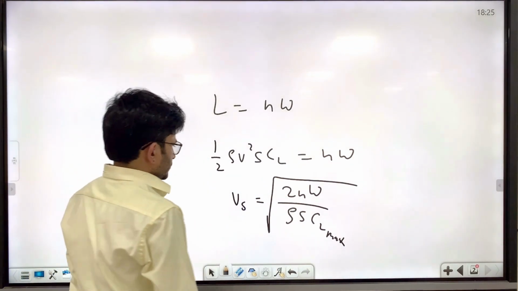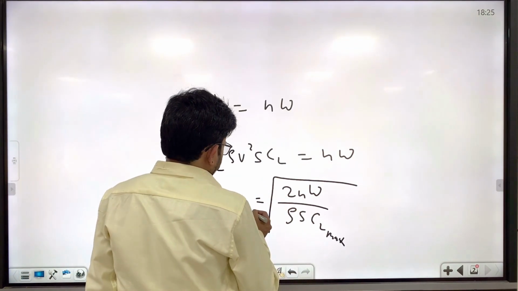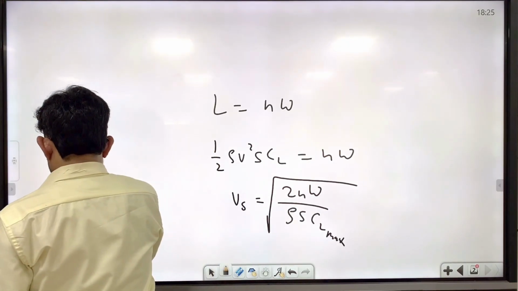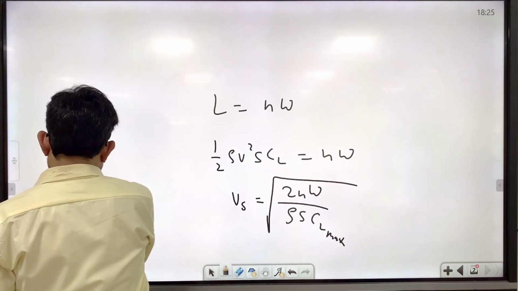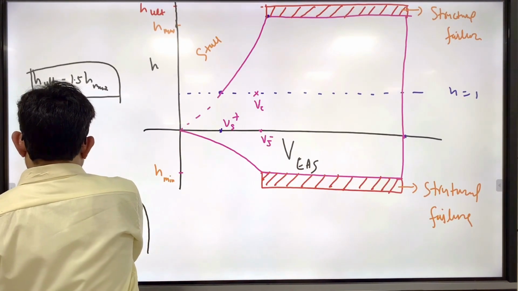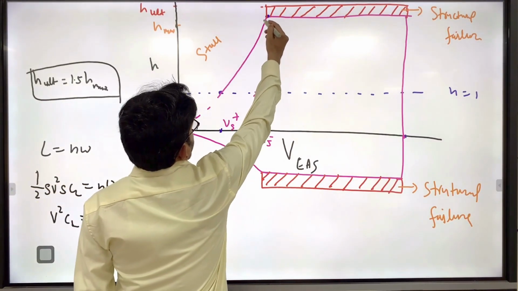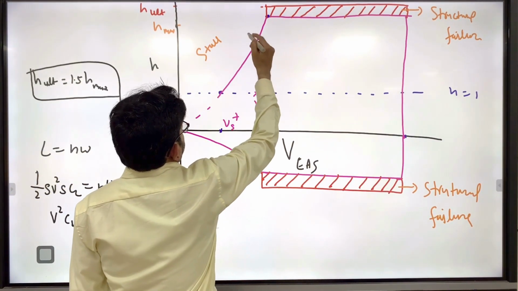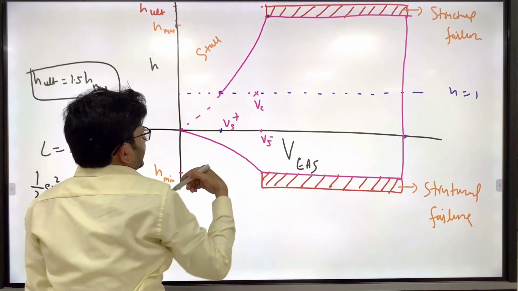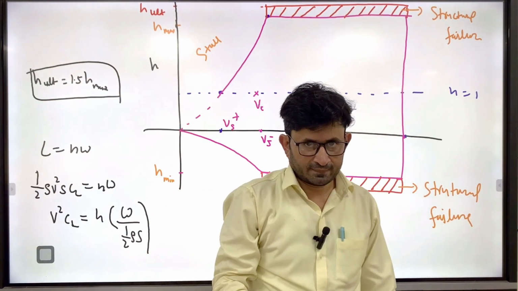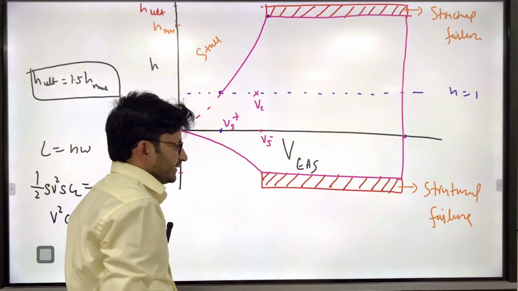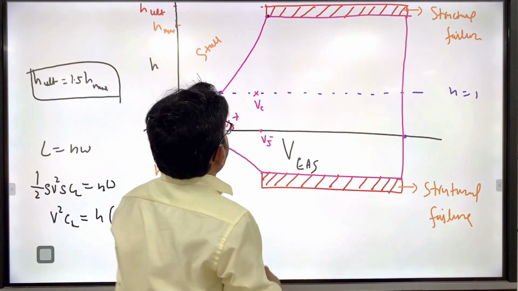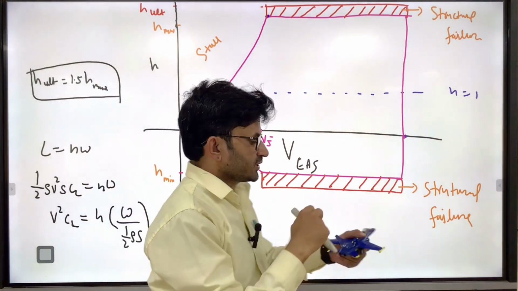So at a different n, you have a different stall speed. That is exactly what we are denoting here. All of these are stall speeds, corresponding to different n. And here you will put the maximum load factor, n max. That can be 3, 3.5, or 2, depending upon how strong your structure is.